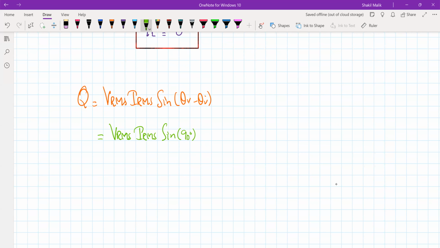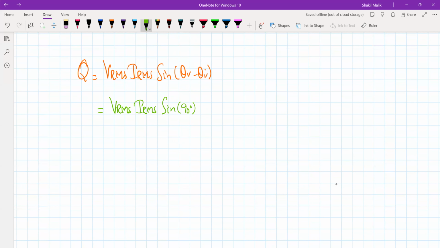How much is sine 90? Sine 90 is simply 1. So Q for an inductor is simply VRMS times IRMS.